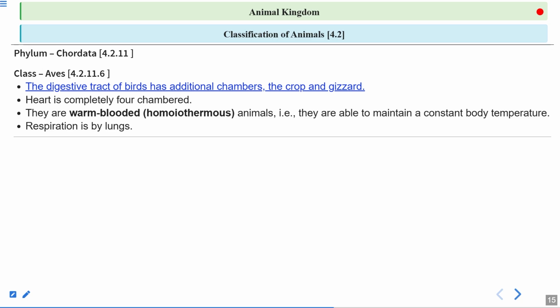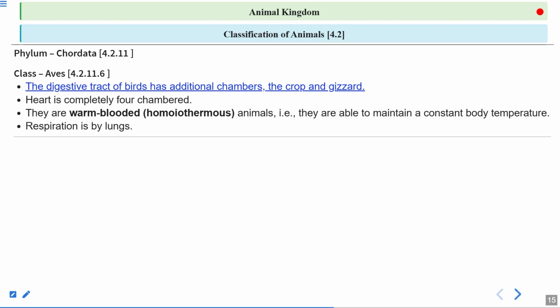So these air sacs can take more oxygen, and this more oxygen can be supplied to the whole body via blood, because the oxygen gets dissolved in the blood and this blood reaches every part of the body. Oxygenated blood reaches every part of the body.